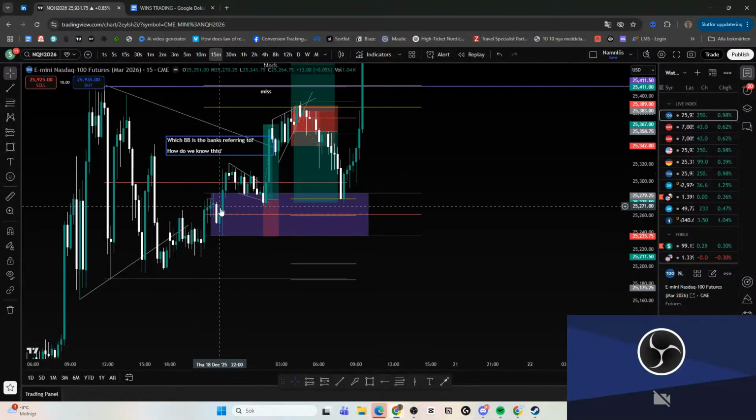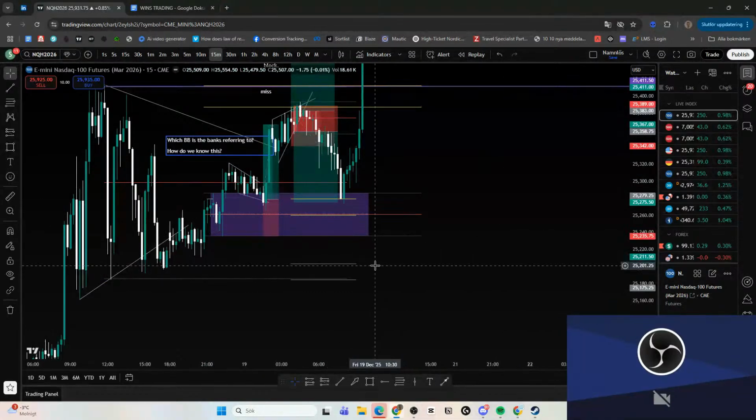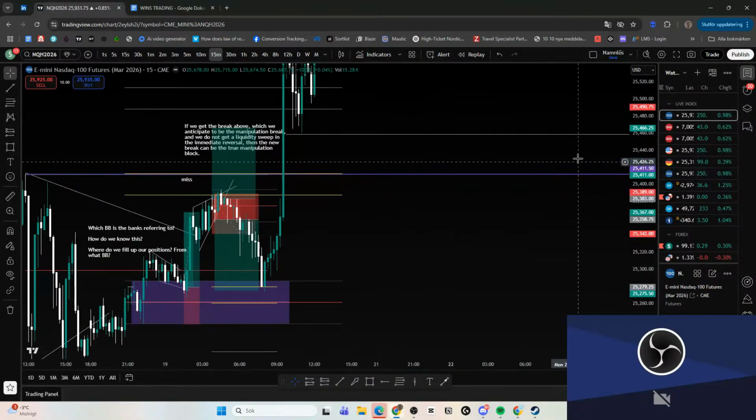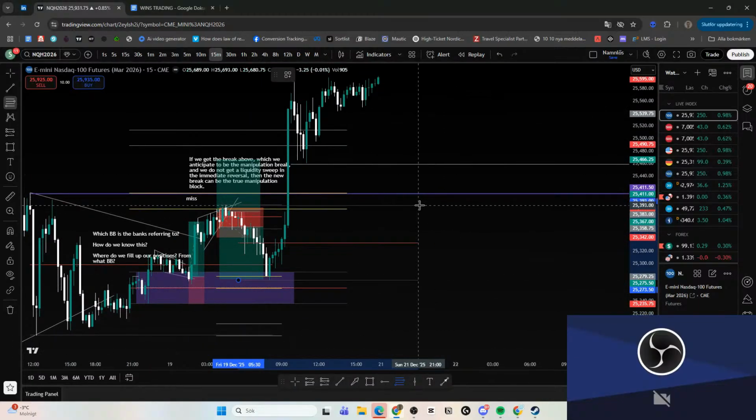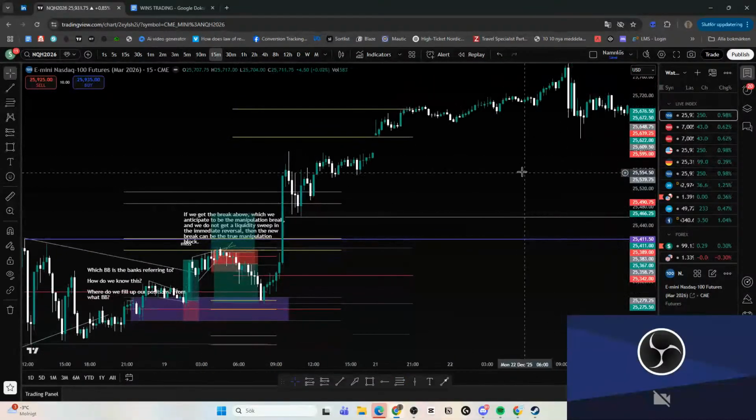Like break above, fill, fill, fill, fill, fill. I'd say that is probably my answer to this question, but that is something I have to master even more.